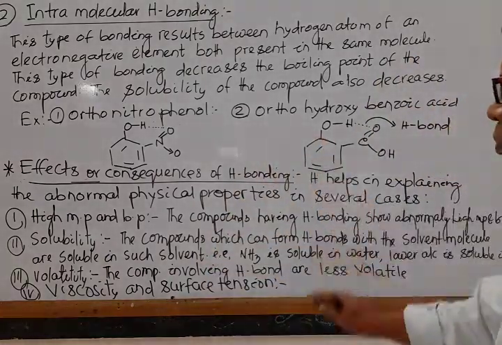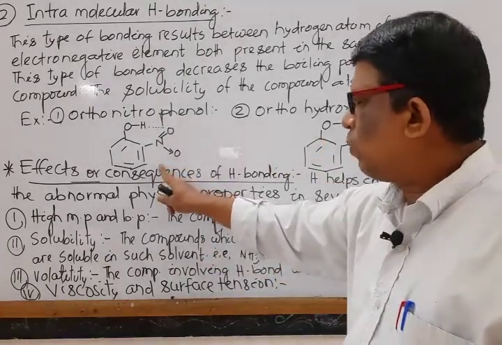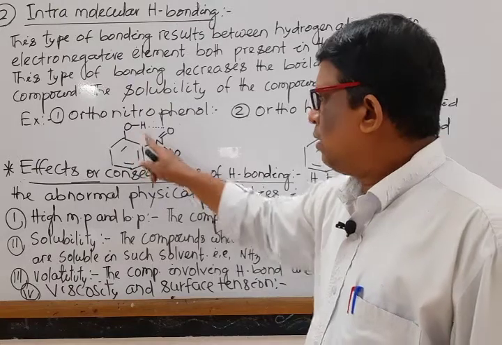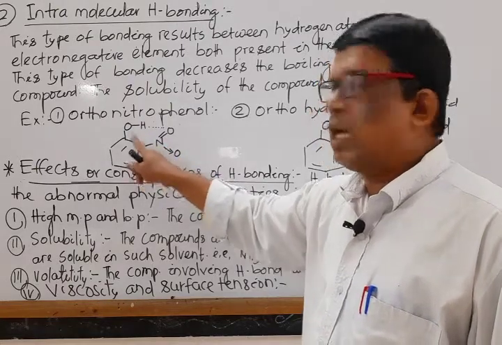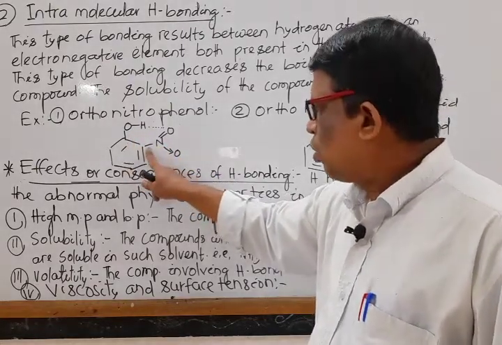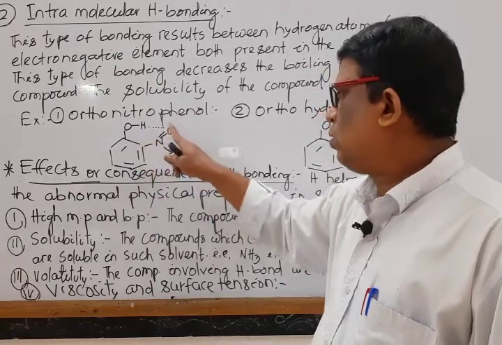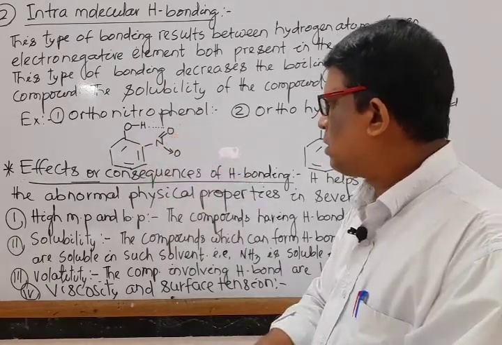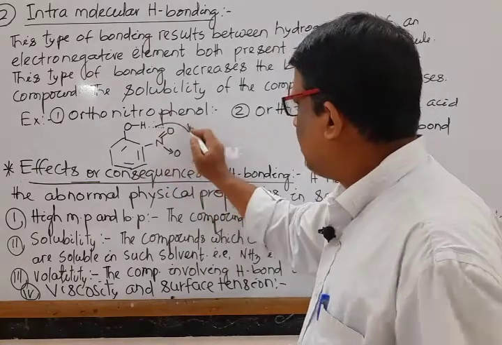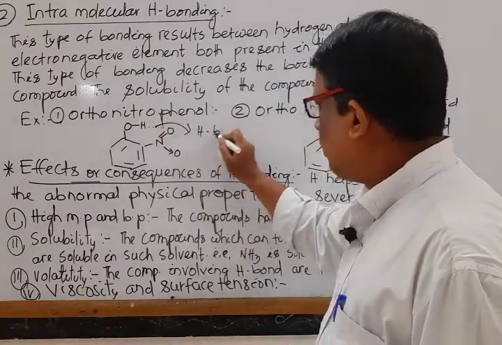Mark that, two examples. One is orthonitrophenol: benzene, then an OH group is there, known as a phenol, and at the ortho position a nitro group is there. Hydrogen is electropositive, oxygen is electronegative, and this dotted line corresponds to the hydrogen bond.